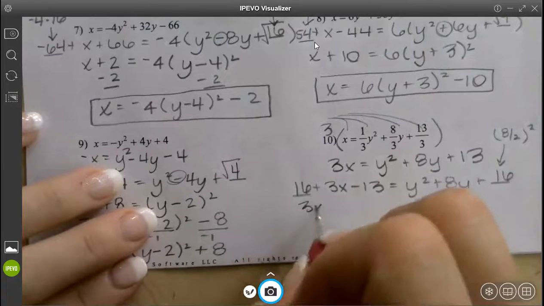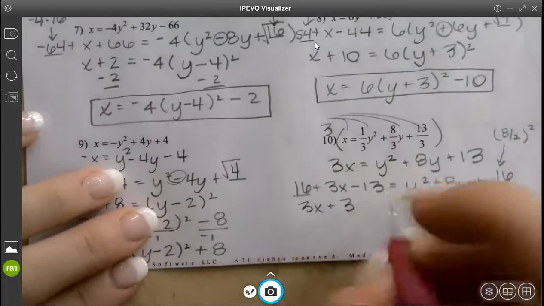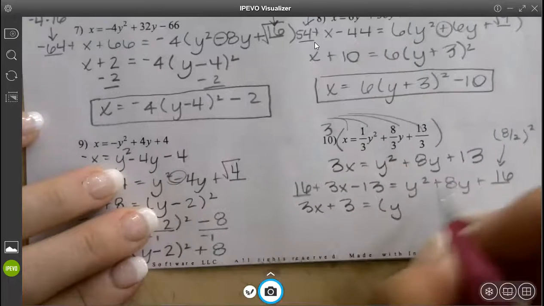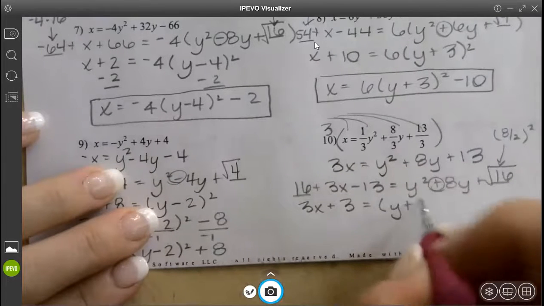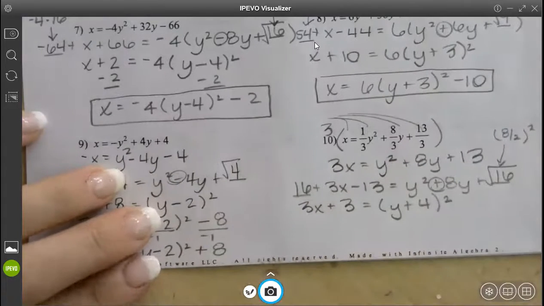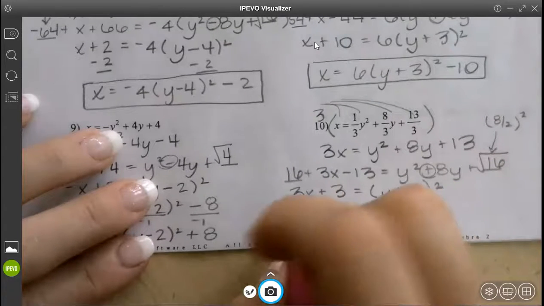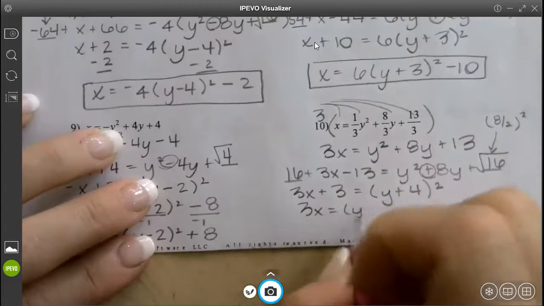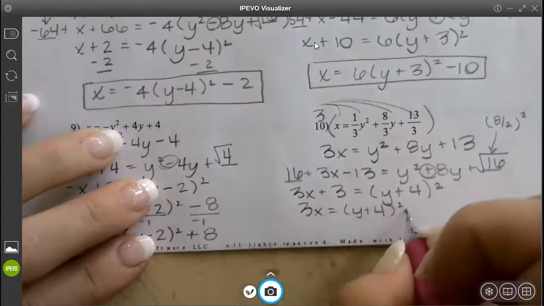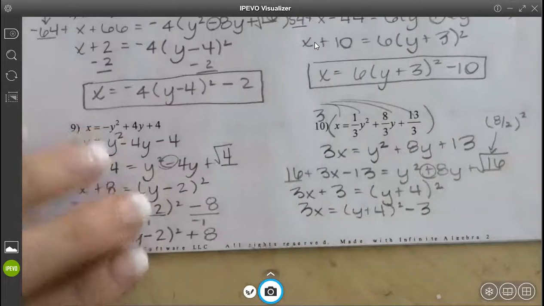Clean it up. 3x plus 3 equals y plus 4 squared. Move your 3. 3x equals y plus 4 squared minus 3.